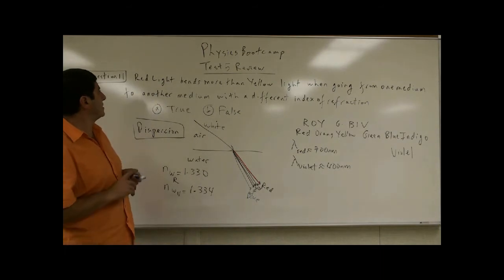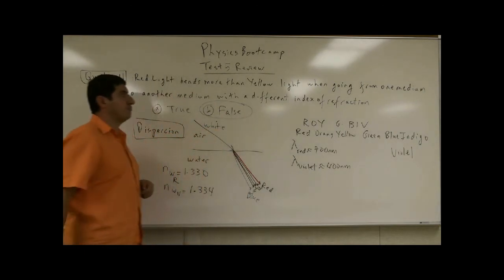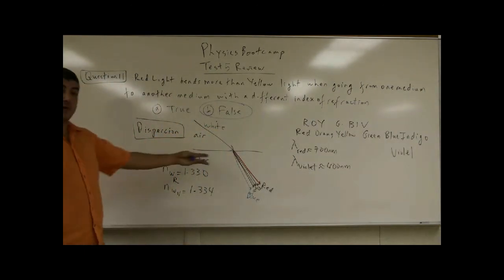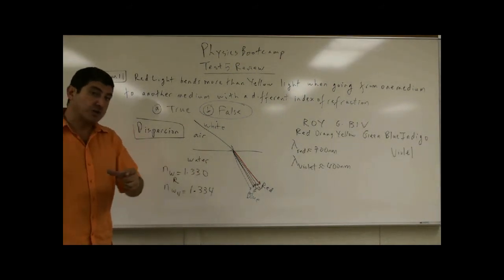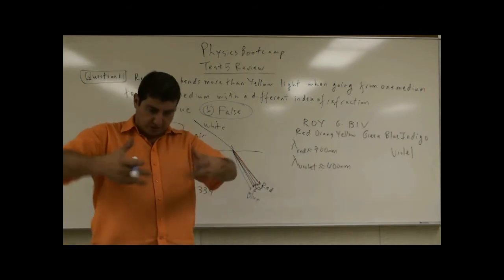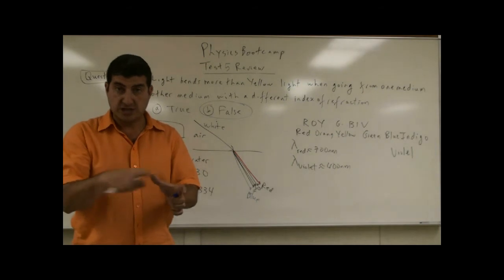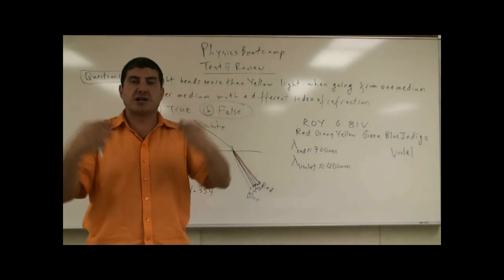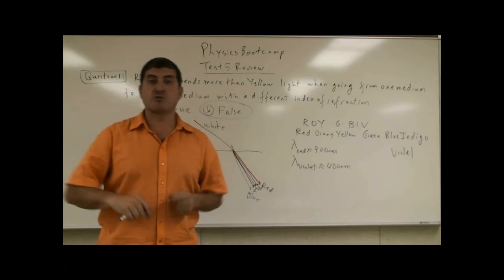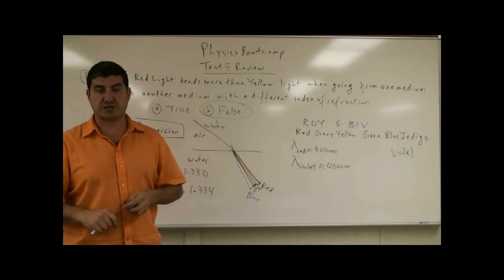So in this case, red light bends more than yellow? No, false. Yellow bends more. By the way, this is also why diamonds sparkle: when the white light goes in, it splits up into its different wavelengths, and due to total internal reflection it keeps bouncing back and forth, and by the time it comes to us, all these dazzling different wavelengths of light come back to our eyes and we see a good sparkle.